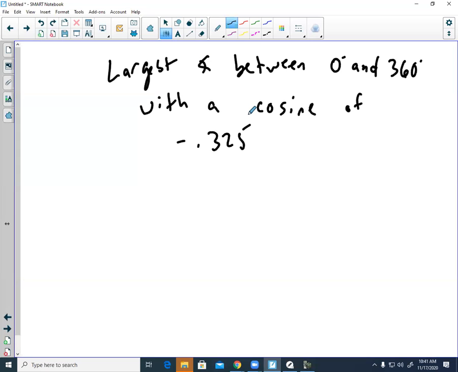So try this one. You want to find the largest angle with a cosine of negative 0.325. I'll give you a shot on that, and then I'll try to explain it again. But think, cosine means x's. This value has to be an x value, so think about it that way.